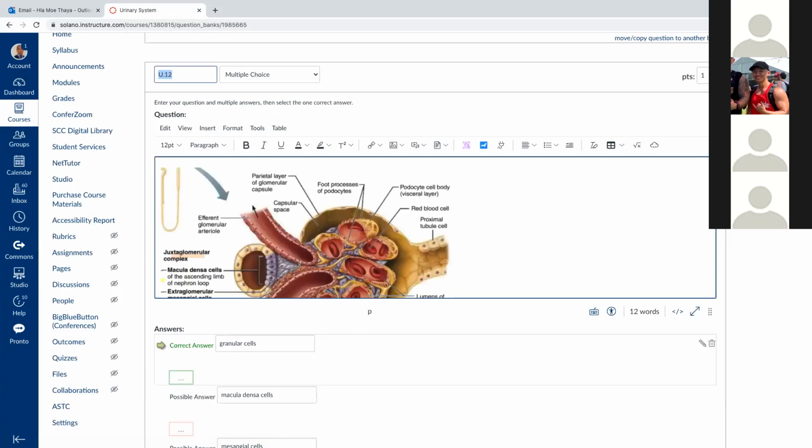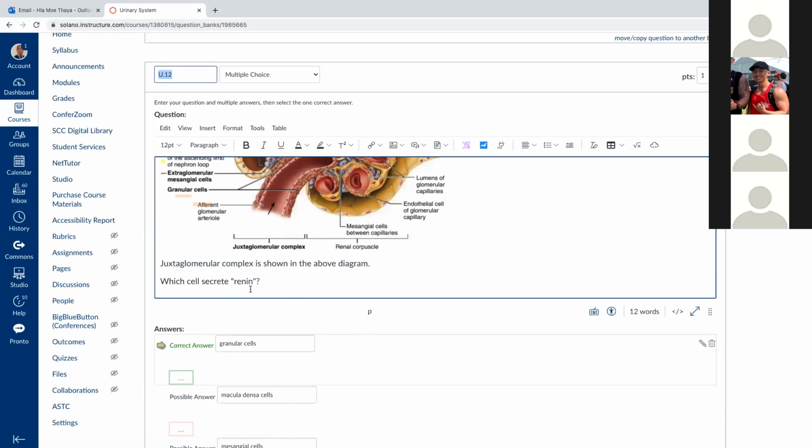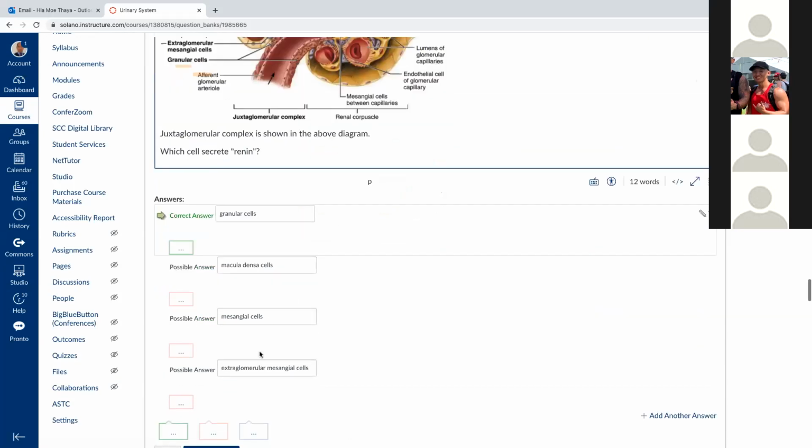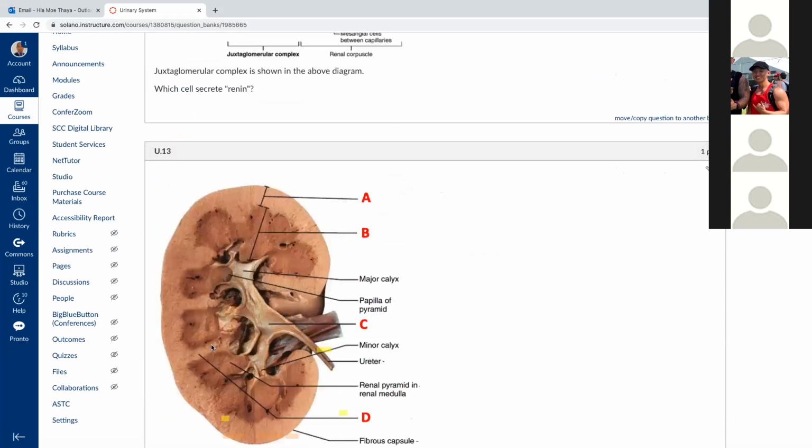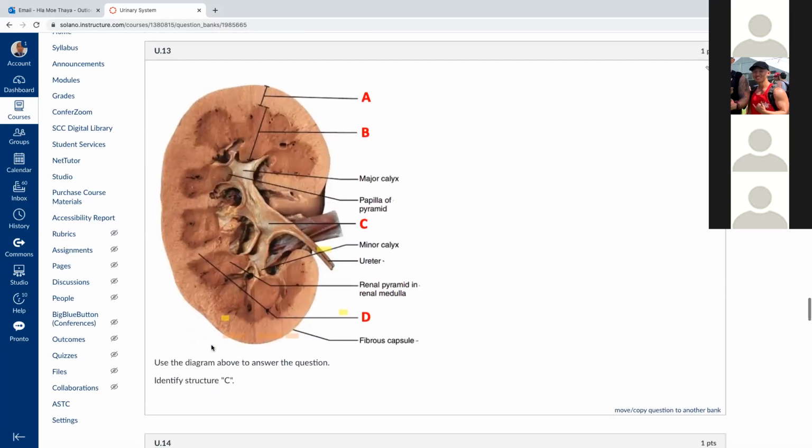Oh, yeah. So the question is, which cells secrete renin? It is the granular cells. Of course, that's not a big deal for the students here. So A is renal cortex, B is renal medulla, C is renal pelvis, and D, renal columns, isn't it?